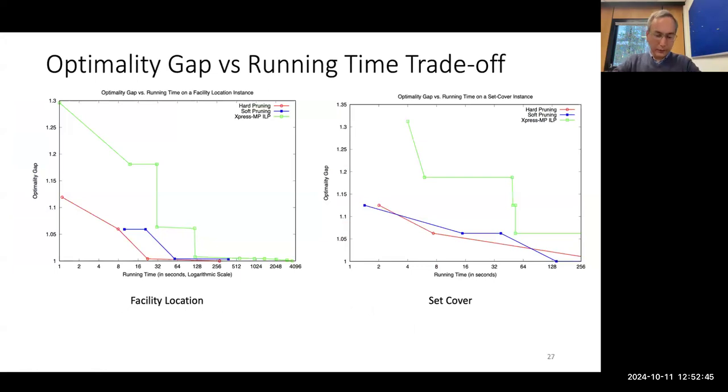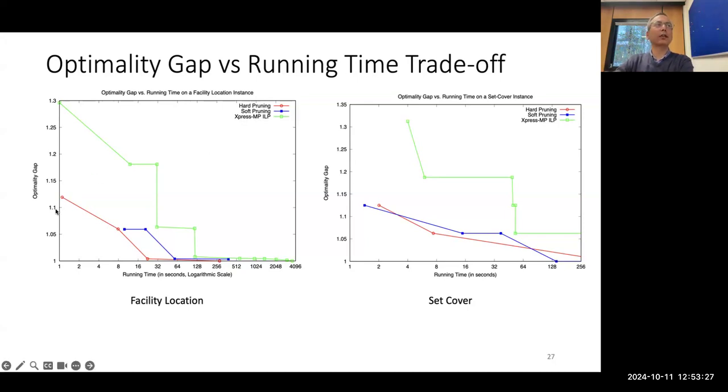Now, one of the criticisms that we had from the first time we submitted this paper was that we are comparing our running time with the optimization solvers, and these solvers actually spend a lot of time verifying that the solution that they got is correct. We should actually be comparing ourselves with the good solutions that they produce early on in the search process. So we took that feedback on board, and we compared ourselves with a commercial solver. In this case, this is FICO Xpress MP, but the results are very similar with Gurobi as well.